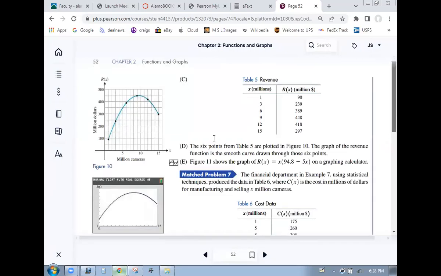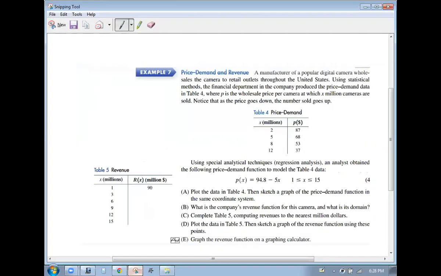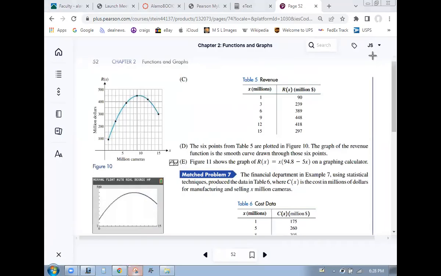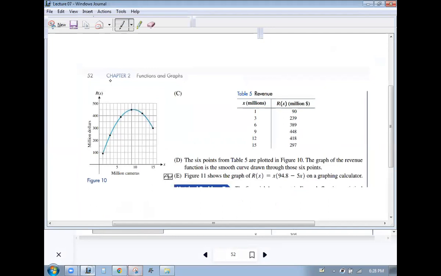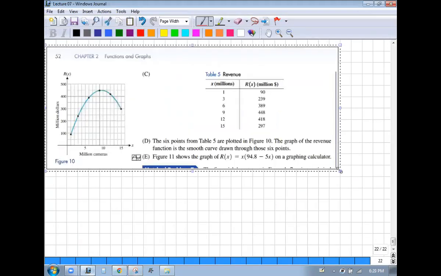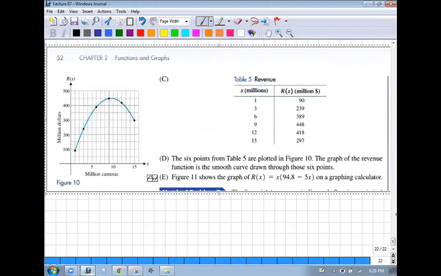There's the table. They fill it in for us. All right, so there's the table filled in.